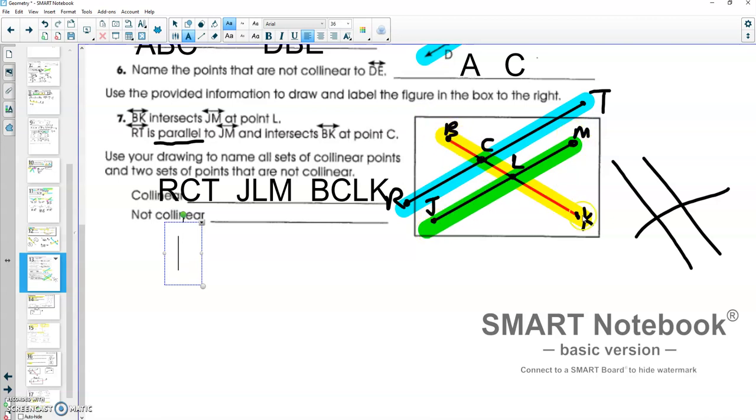If I look at the yellow line, BCLK are all on the same line, but T, M, R, and J are not on the same line. So let's use 2 points that are not collinear, that are not on the same line. So choose 2 different colored lines. I have blue and green. So I'm going to say R is not collinear to J.